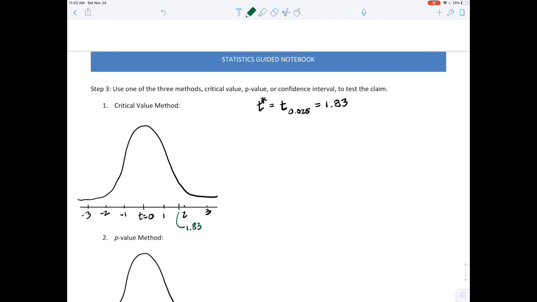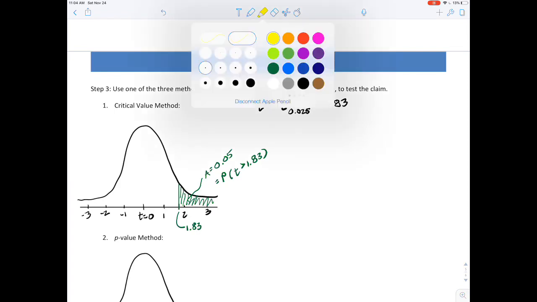All right. So that means that this area region right here in the green is going to be area equal to 0.05, which equals that probability, right? That which is equal to the probability that t is greater than 1.83. Cool. And then on the other side, what are we going to have?